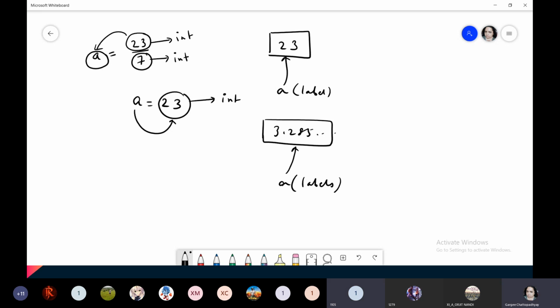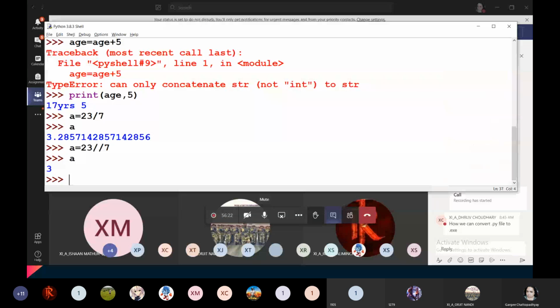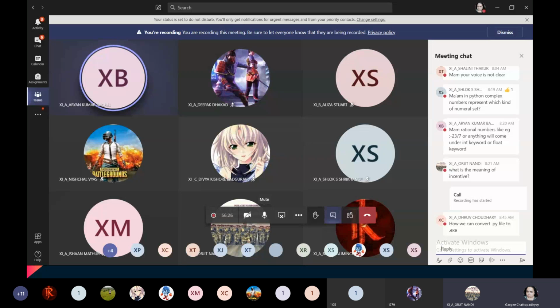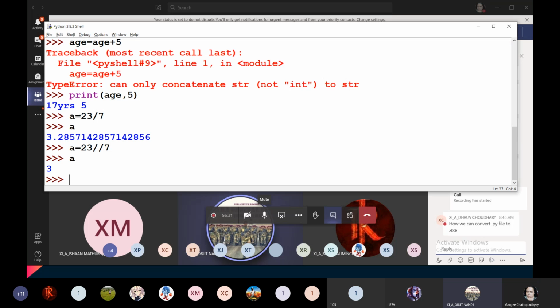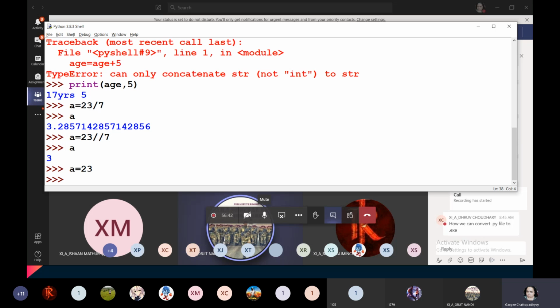Ma'am, what do we have to do if we want only the integer value and not the value after the decimal? You want only the integer. One way is assigning, so you will assign only an integer value over here. And that's what I explained.